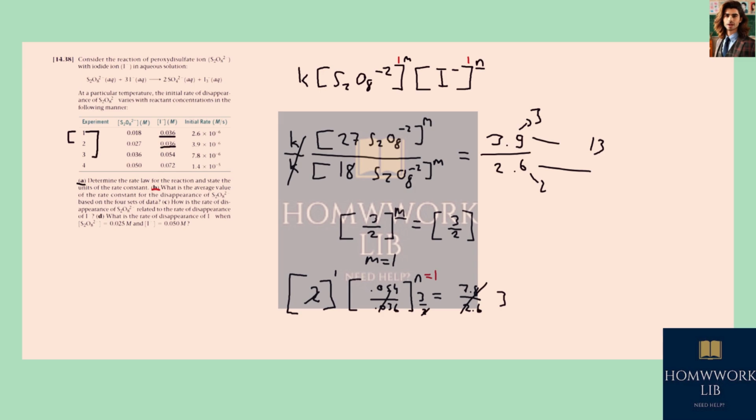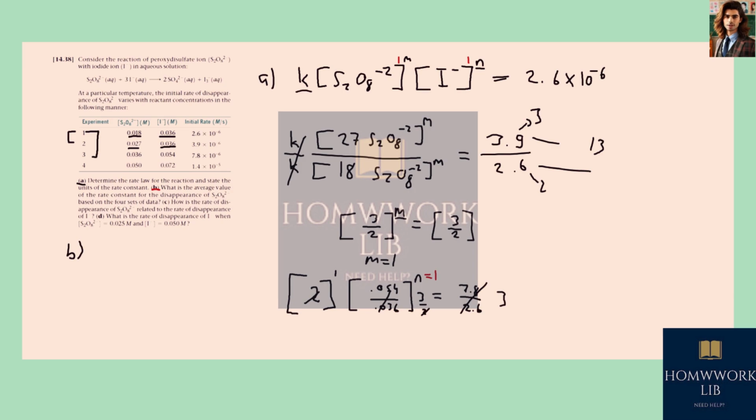At B, they're asking what's the average value for the rate constant of the disappearance. Let's say this was A. At B, we're just going to write the numbers into this rate law. For experiment 1, S2O8 is going to be 0.018, I is going to be 0.036, and the initial rate for experiment 1 is 2.6 times 10 to the power of negative 6.